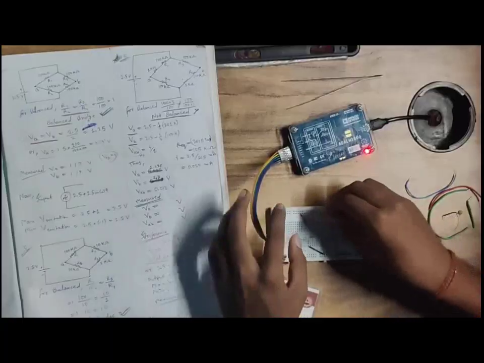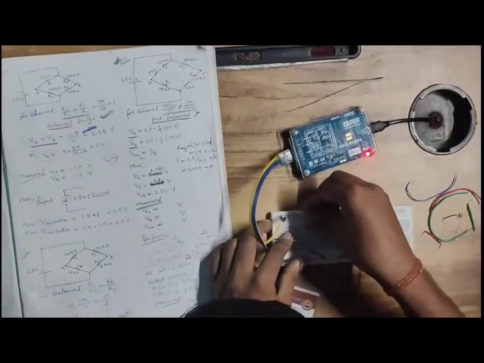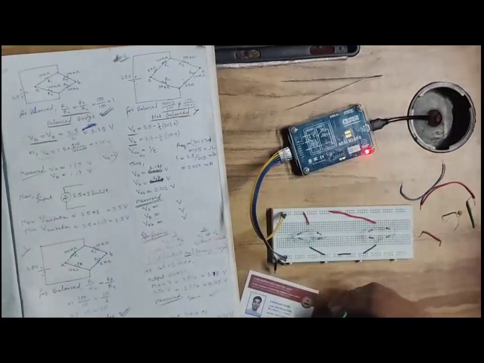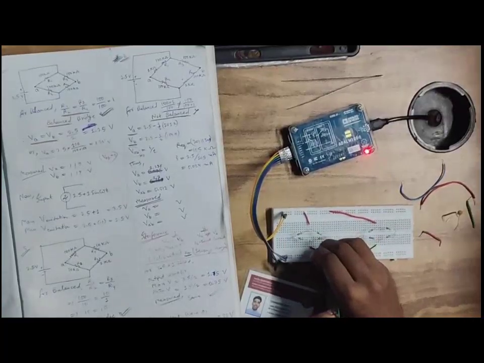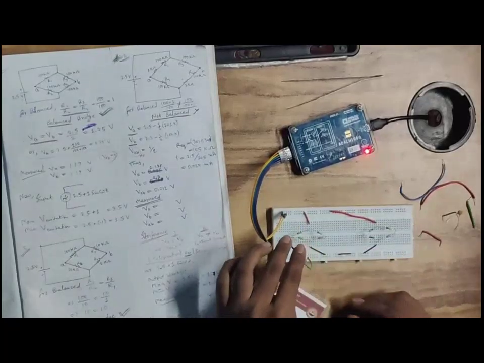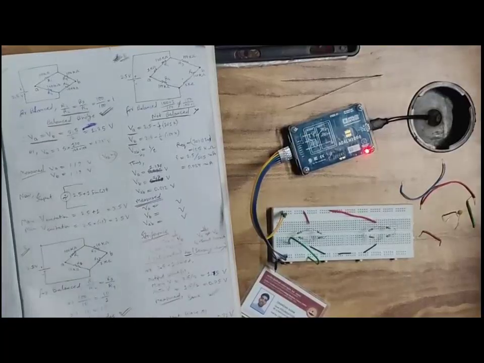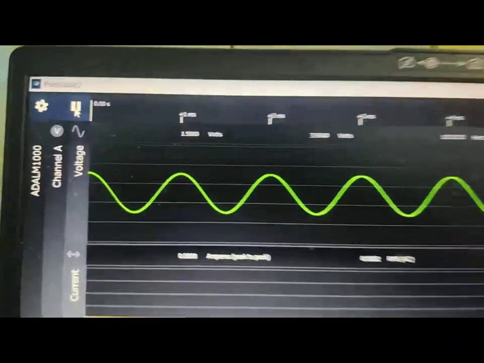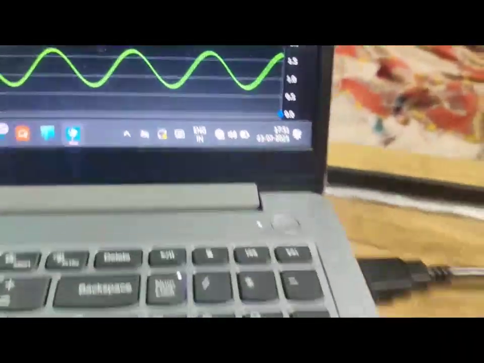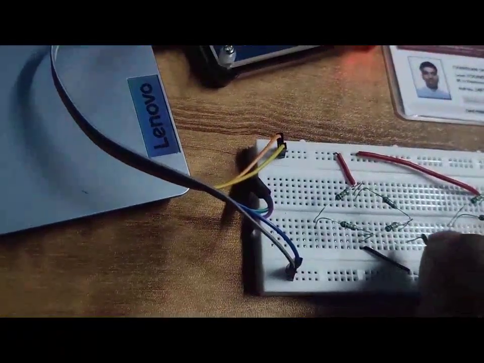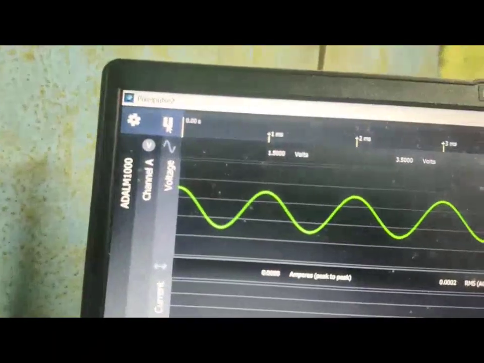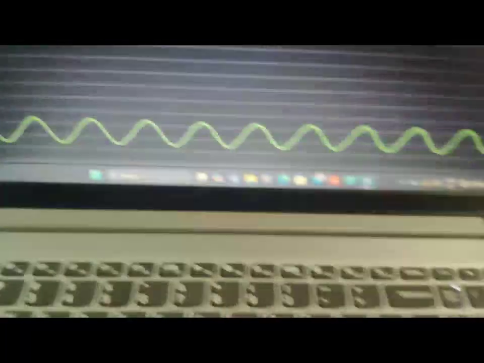Now before moving to the AC part, we are connecting the VCC connection to channel A. Now we are connecting the channel B output to node A. Here we are giving the output 1.5 to 3.5 volt, and we are getting 0.75 to 1.75 at node A, and at node B we are getting 0.75 to 1.75, the same at the same input.